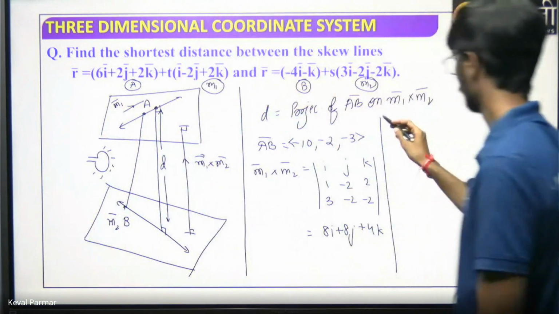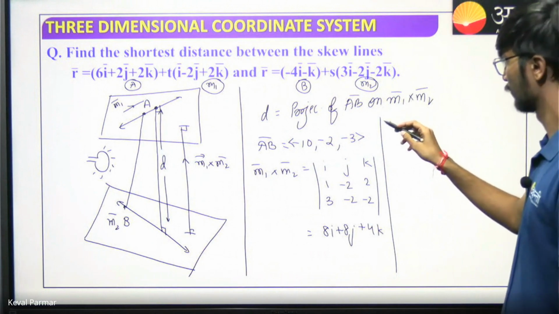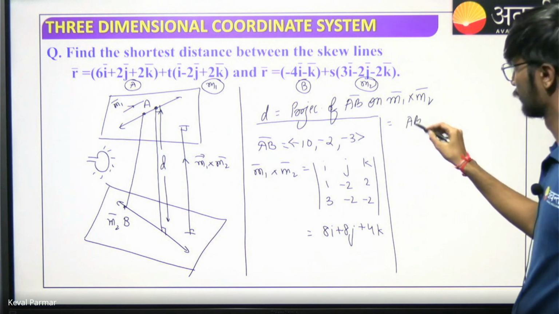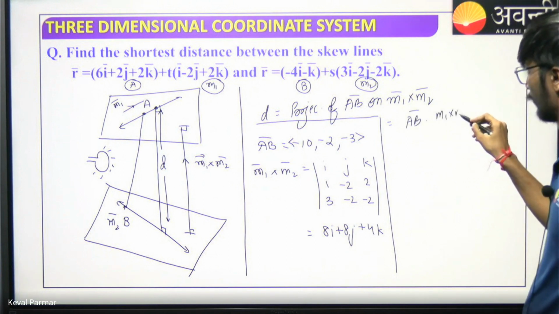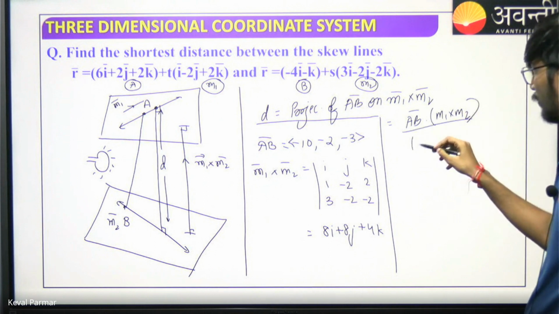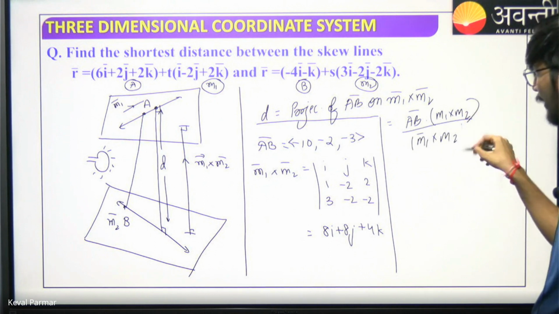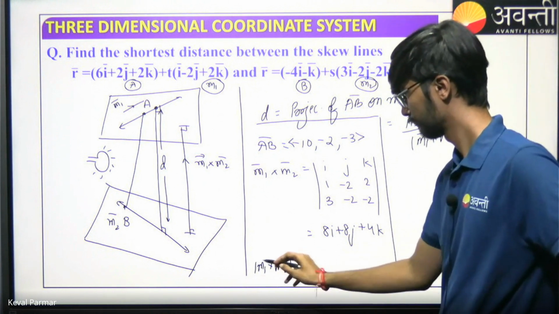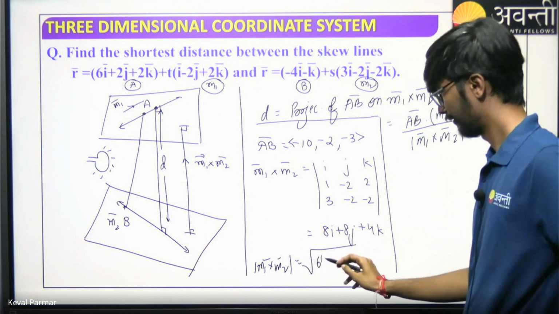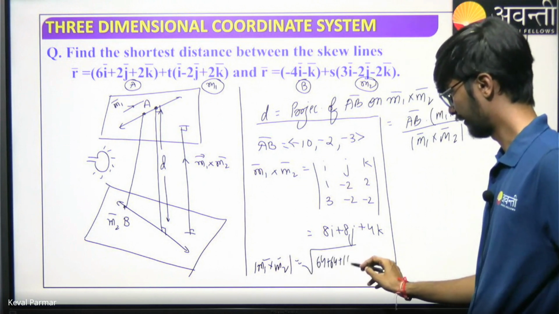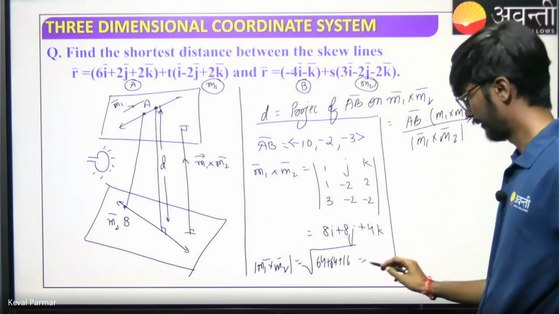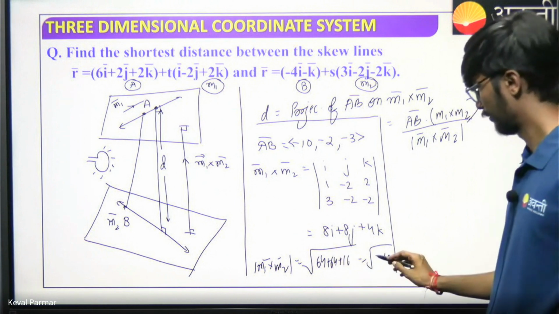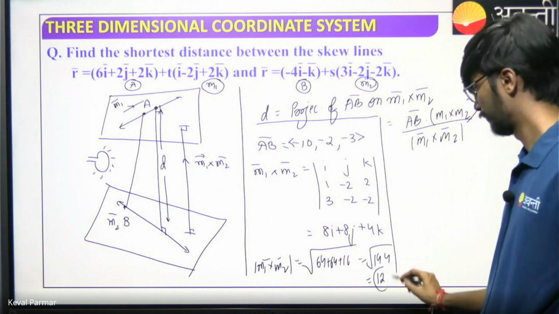So what is projection? Projection is AB dot M1 cross M2 upon the magnitude of M1 cross M2. What is the magnitude of M1 cross M2? Under root of 64 plus 64 plus 16, which is 144, which is 12.